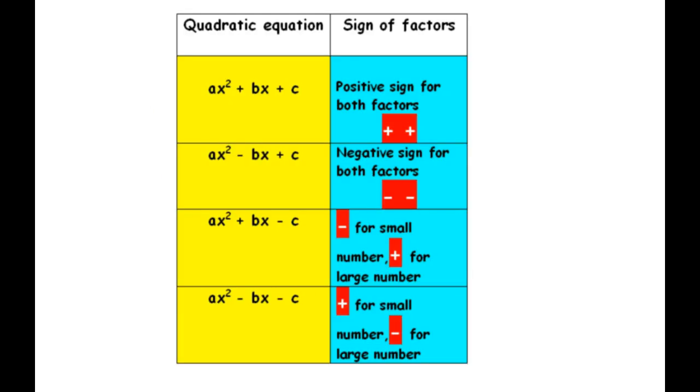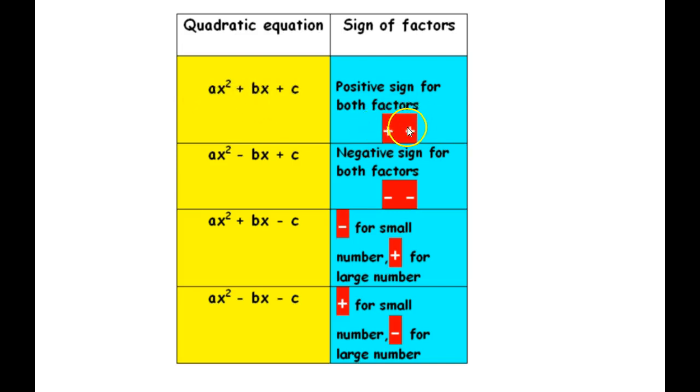Now that we've gone through one example of how to factor quadratic expressions, there are 4 different cases for the quadratic expression based on the signs in front of b and c. And if we understand those values, then we can determine what the values of our factors must be. So for the first example, our b and c values were both positive. Actually, a, b, and c were all positive.